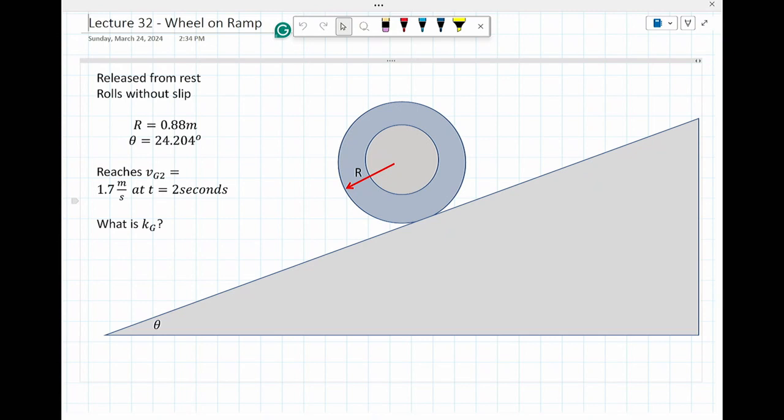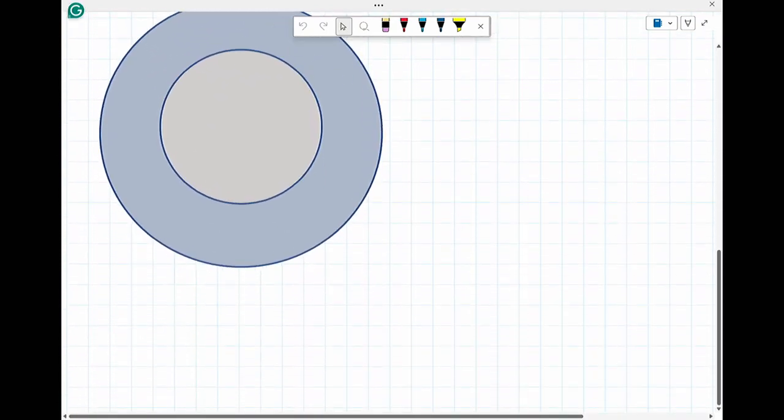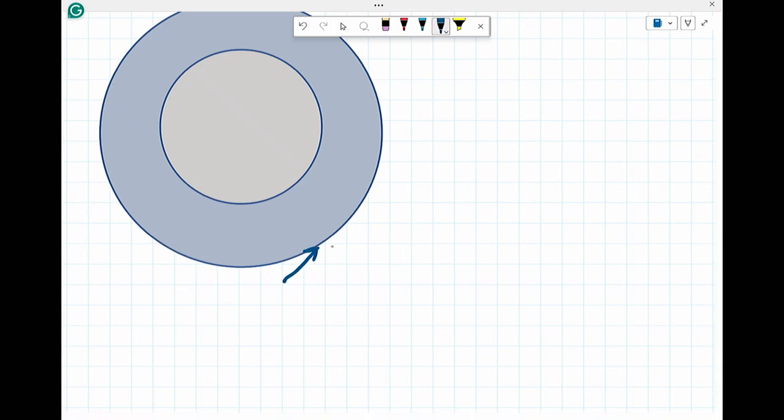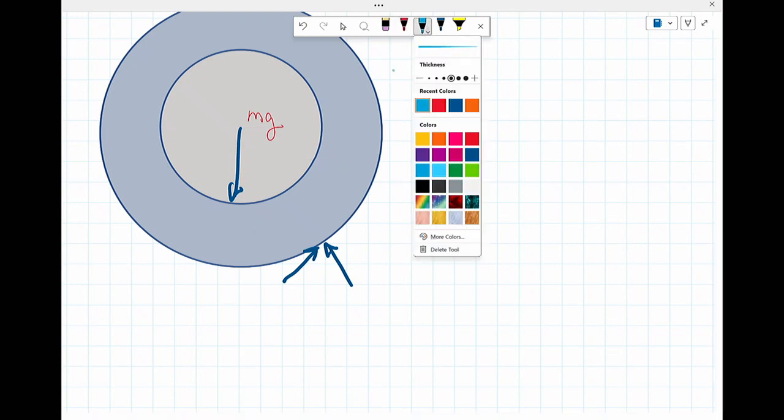You're asked to find what happens when the center of mass of this object reaches a velocity of 1.7 meters per second at t equals 2 seconds, and what is the radius of gyration? And again, recognize that notation.